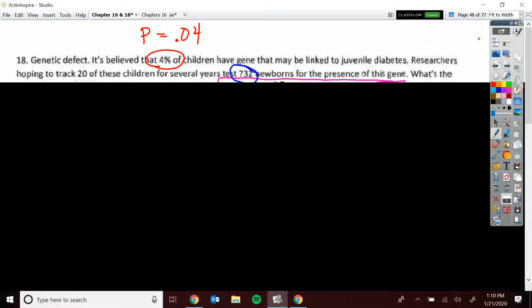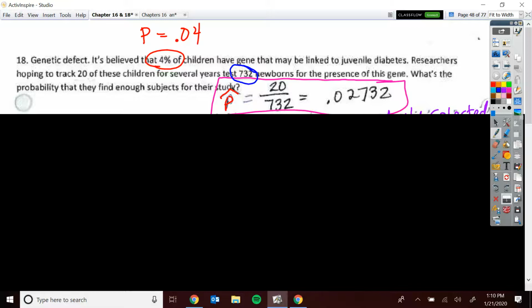So let's take a sample of 732, and I hope that gives us enough babies to examine. They're hoping to have at least 20 babies to be able to identify and then track. The thing that lost people on this one is that the p-hat you're looking for is 20 over 732 or higher.